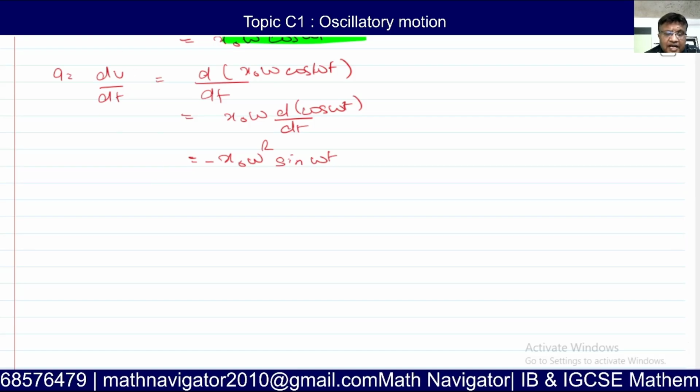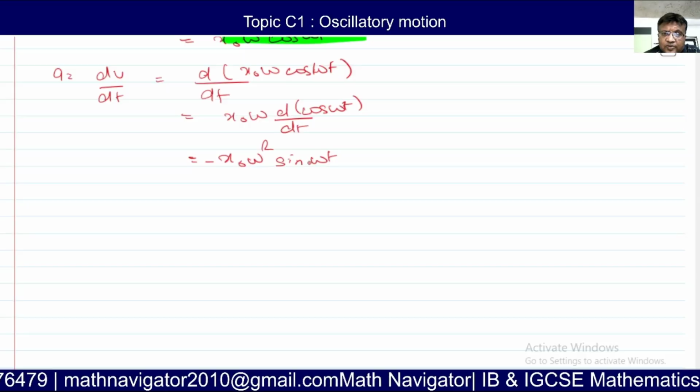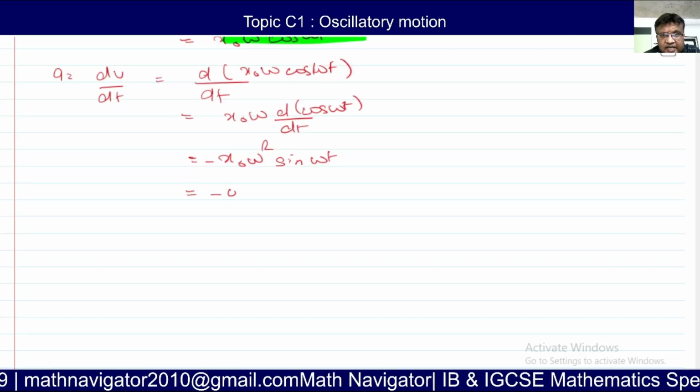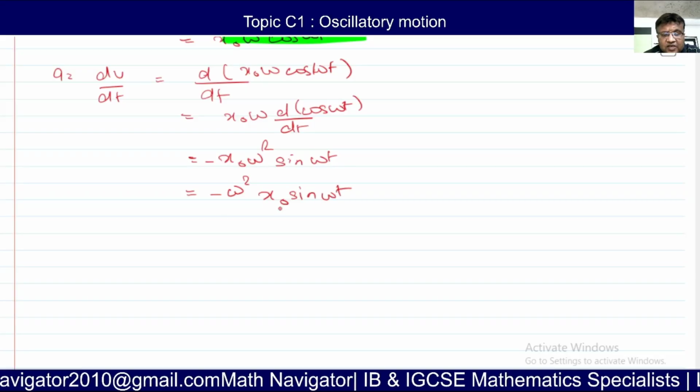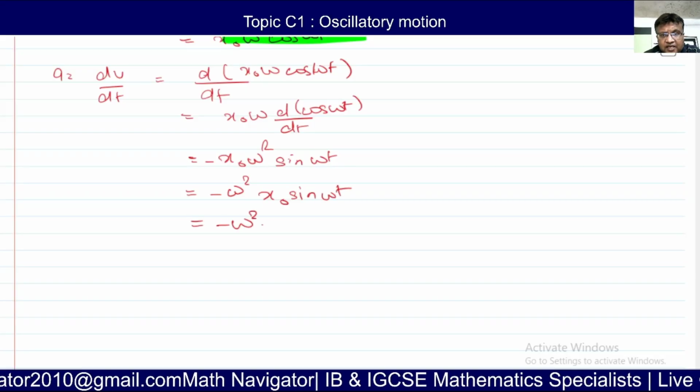Now I know x naught sine omega t is x, so this is equal to negative omega squared x.